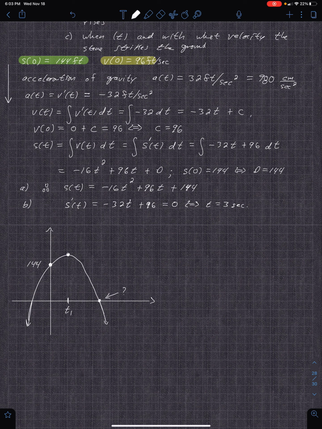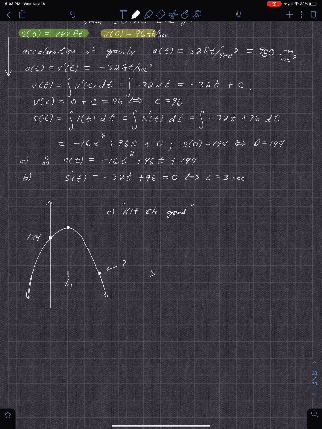Okay, next, C: hit the ground. What does that mean? Well, that means that S of t has to be 0.